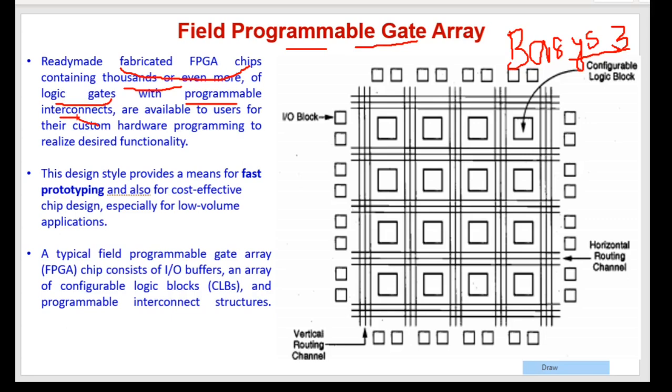Hence the interconnects present in the FPGA chip should be programmable in nature, so that they can be reprogrammed every time you dump a different circuit on the board, and they are available to users for their custom hardware programming to realize their desired functionality.